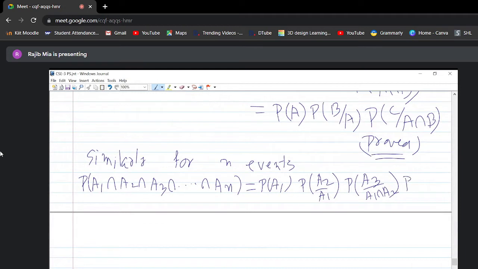Next, probability of A4 by the intersection of previous events, that is A1 intersection A2 intersection A3. Then dot dot. Last is probability of AN divided by the intersection of previous events, that is A1 intersection A2 dot dot intersection AN minus 1.